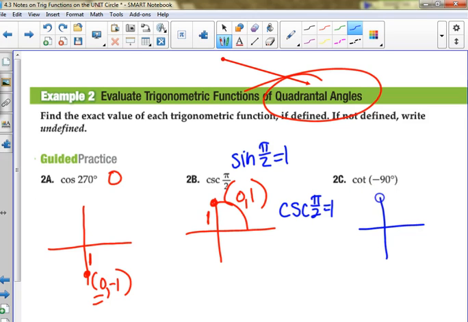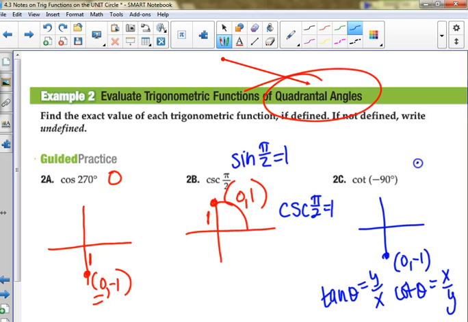Cotangent, -90. Well, -90 is back down here. Cotangent, though, is what? Okay, what's definition of tangent? This is why you got to know these x, y, r definitions, because there's no little triangle right there. Tangent, guys, is y over x. So cotangent is x over y.